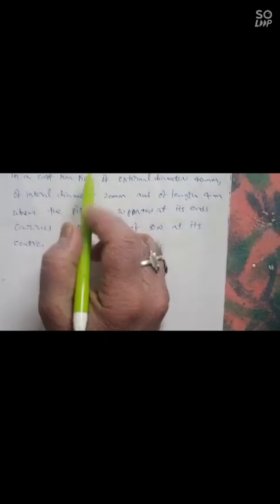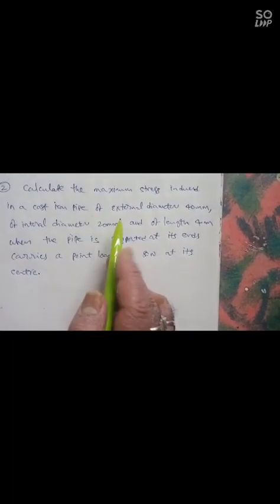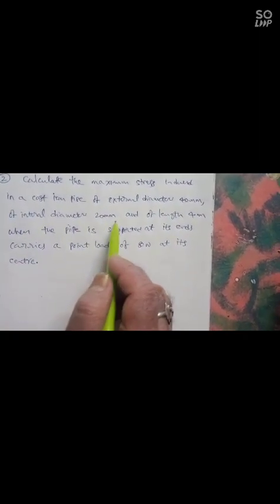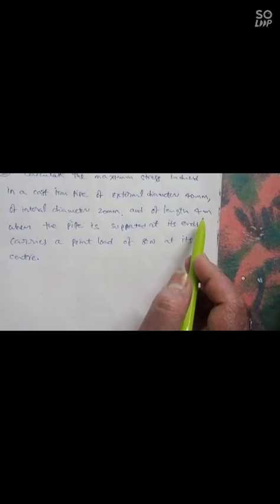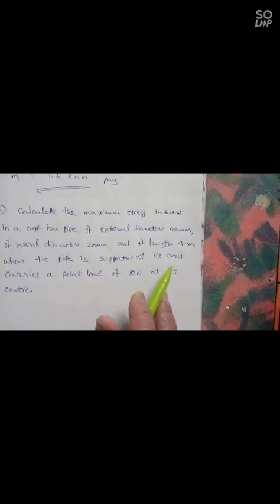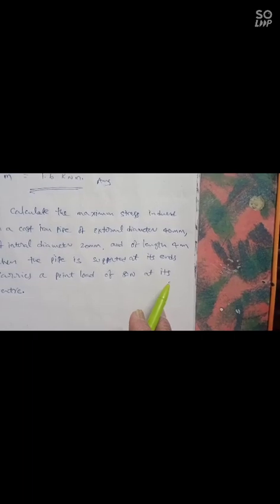Calculate the maximum stress induced in a cast iron pipe of external diameter 40 mm and internal diameter 20 mm. The length of the pipe is 4 meters, and the pipe is supported at its ends and carries a point load of 80 newtons at its center.